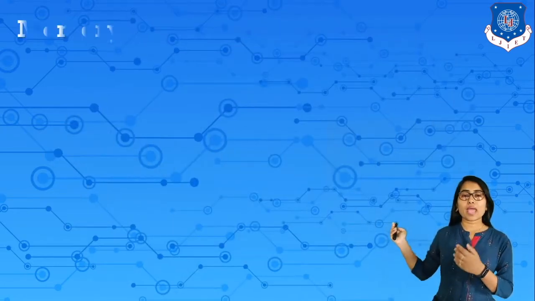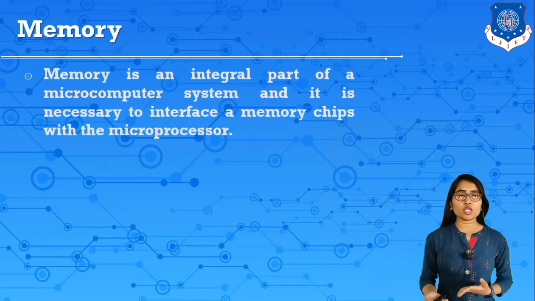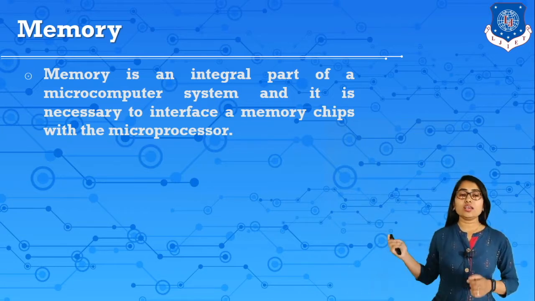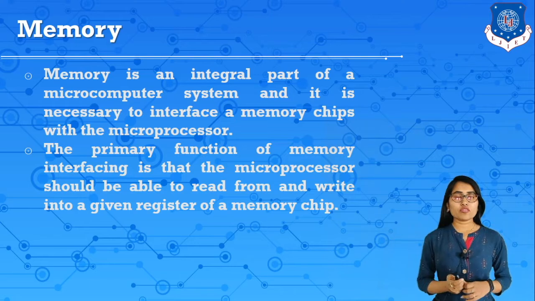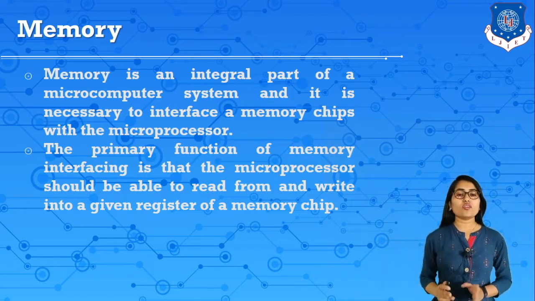Memory is an integral part of a microcomputer system, and it is necessary to interface a memory chip with the microprocessor. The primary function of memory interfacing is that the microprocessor should be able to read from and write into a given register of a memory chip.